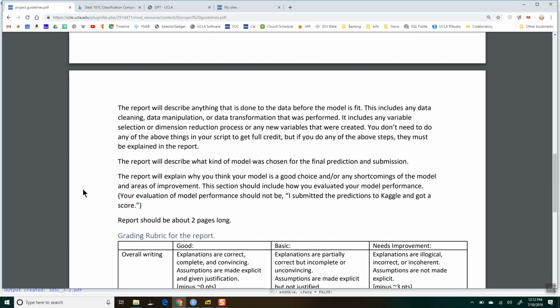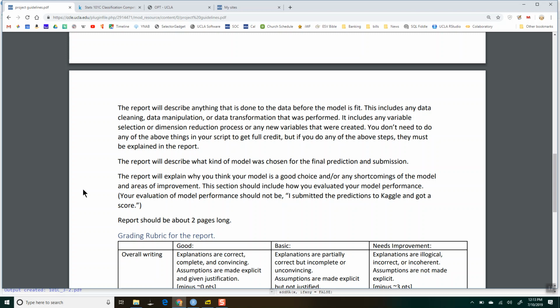For the report, keep it around 2 pages long. I don't want to be reading giant things, okay? It just needs to cover anything you did to the data before you fit the model, okay? I listed off some things that you might do. You don't have to do any of these things, all right? But if you do any of them, you have to talk about it, okay?